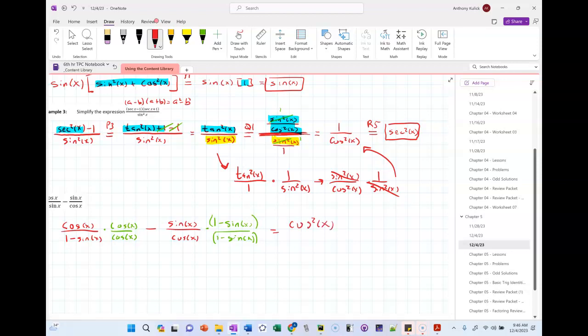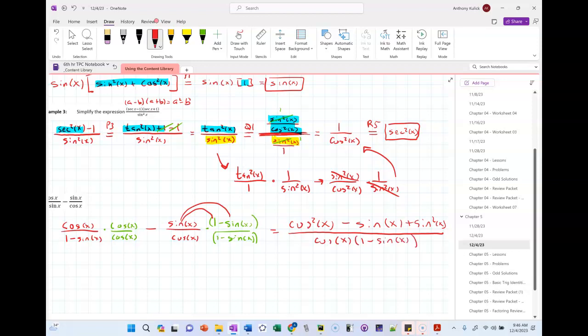So cosine times cosine is cosine squared. And then I'm going to distribute the sine into the 1 minus sine. But I'm not going to multiply out the denominator.